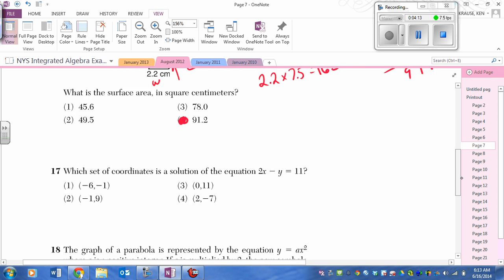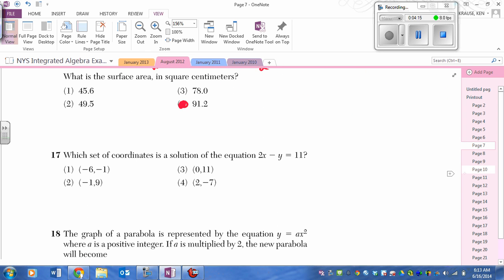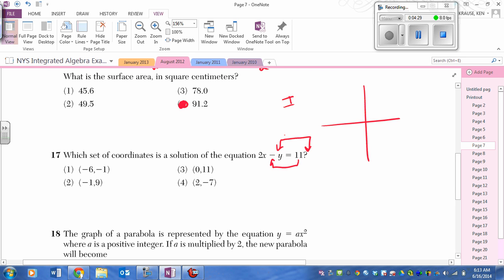Those kinds of problems. Now, which point is in the solution of this equation? If you graph it, there are 3 different ways. Let's do method 1. Let's graph it. The first thing I'm going to do is switch these, so I get 2x minus 11 equals y.